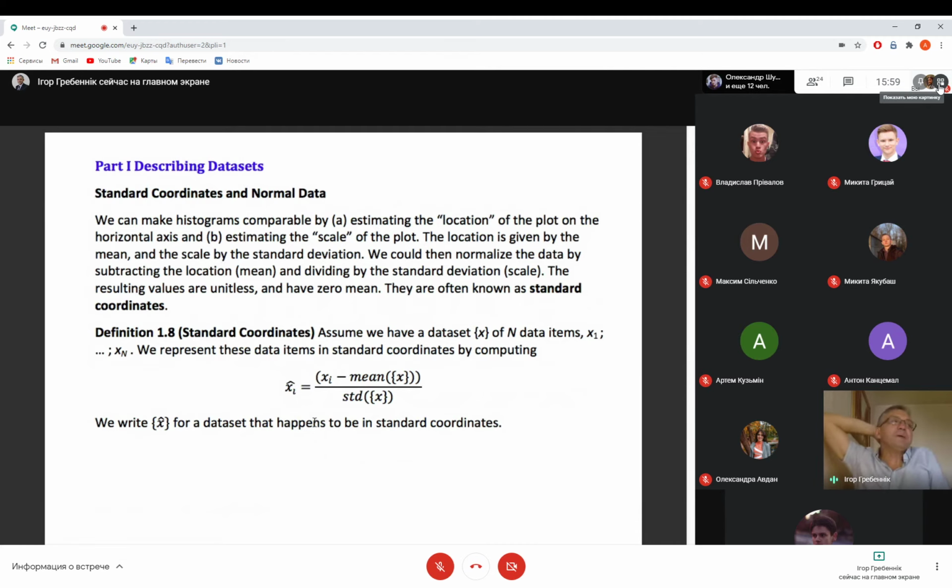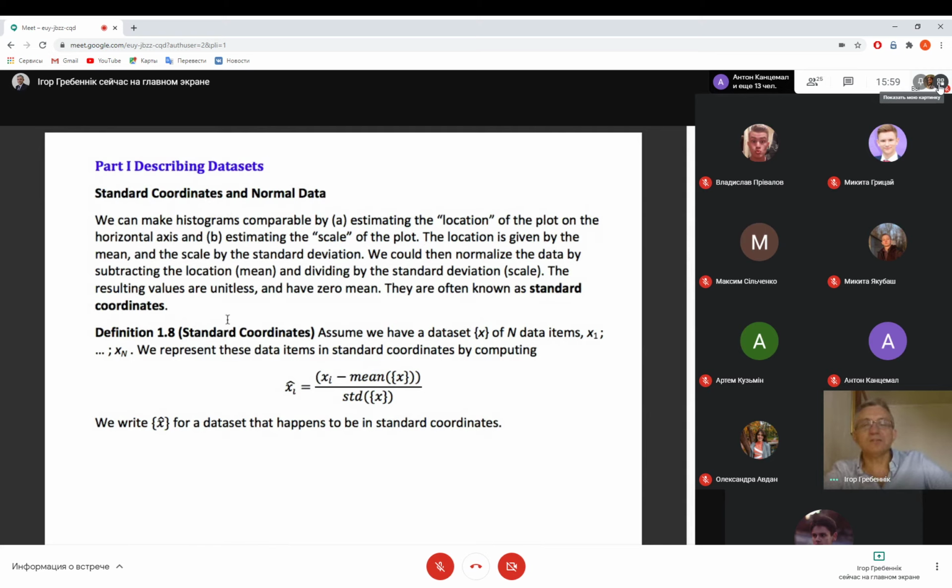I told you, and maybe you know without me, about data preparation, about preparing the data set for the analysis. And in many cases in practical activity, this preparation includes the standardization or normalization of the data.